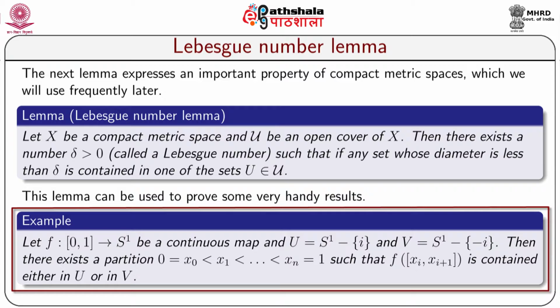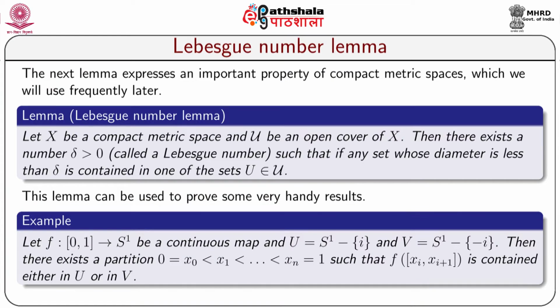Then there exists a partition of 0 1 such that f of the interval xi to xi plus 1 is contained either in U or in V. This example is required to calculate the fundamental group of S1, which is part of algebraic topology.